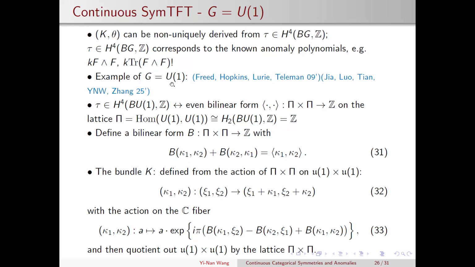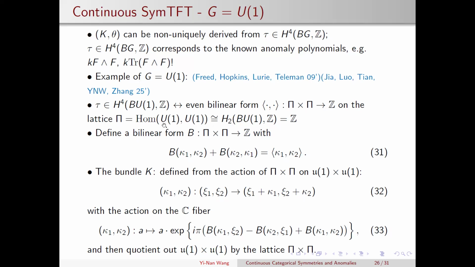We also study G equal to U(1) and show how you really derive the line bundle K from the element τ. I'm just going to sketch this derivation. This τ element is in one-to-one correspondence with an even bilinear form defined on the lattice. The lattice is the cocharacter lattice of the U(1) Lie group.